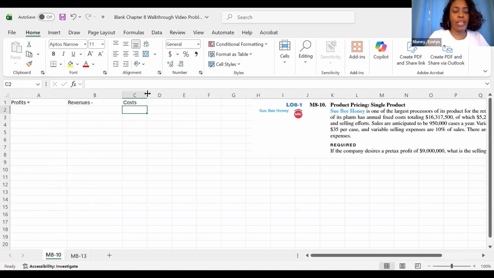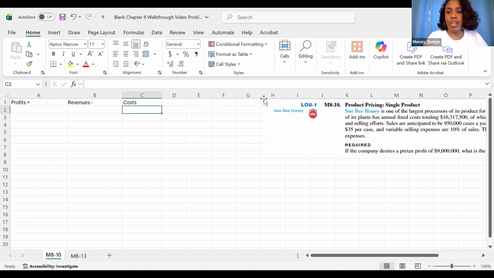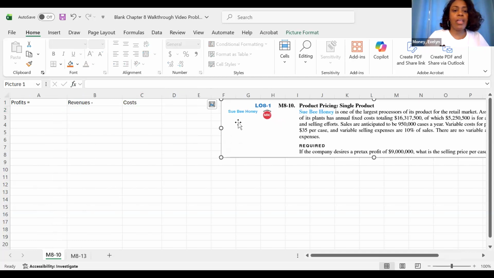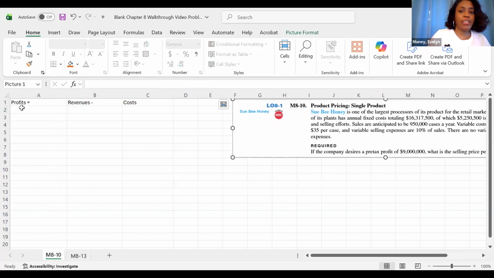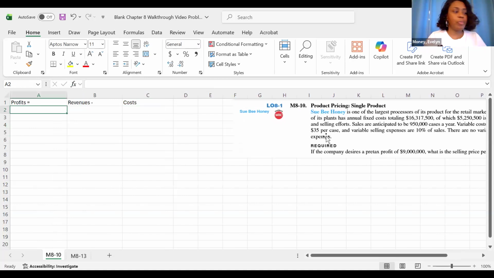And we're going to use this broad formula to help us determine the selling price. Now, in this particular problem, we're going to plug in what we know. We know that profits are expected to be 9 million.